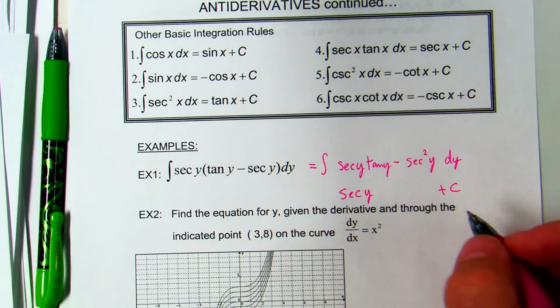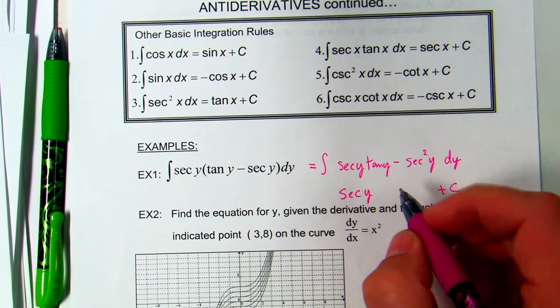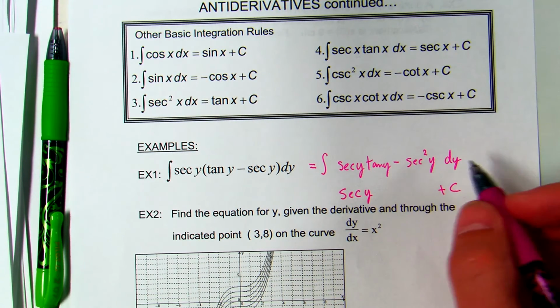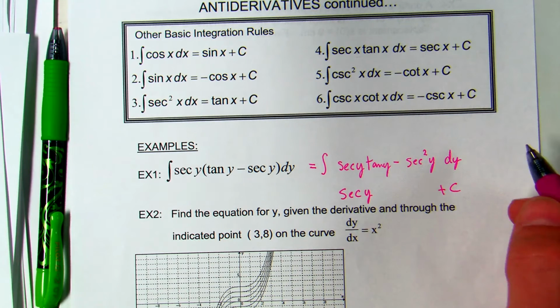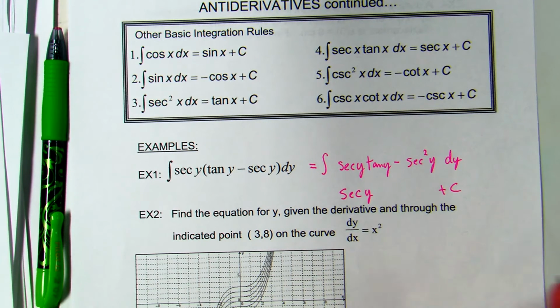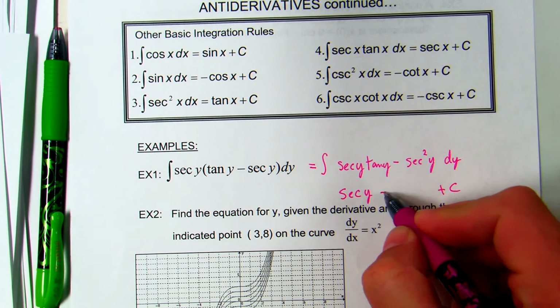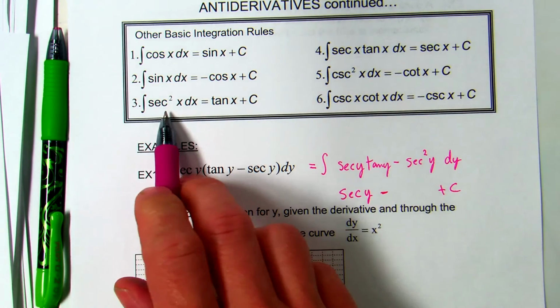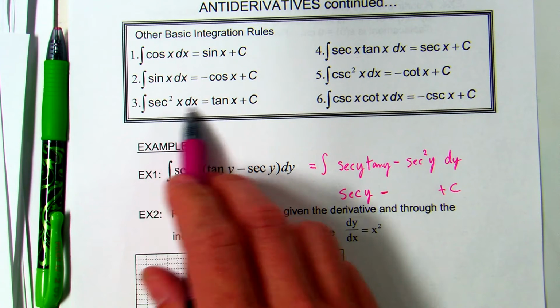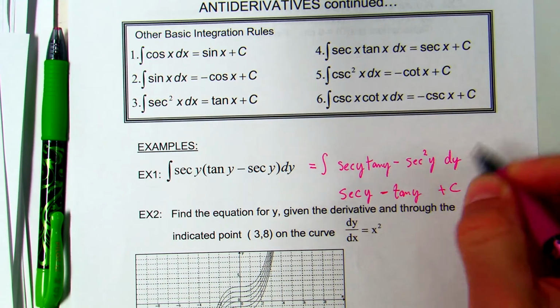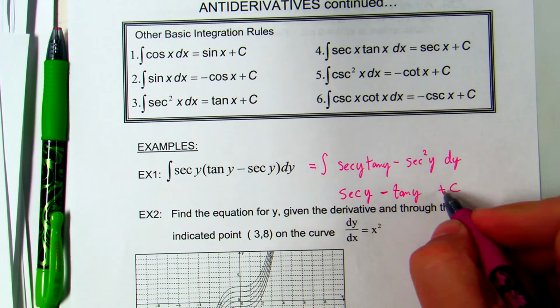As we talked about in our previous lesson, we could end up with 2 or 3 plus c's in here, but c plus however many c's you want is still just some constant. So we'll combine our c's into one here. The next part, minus the integral of secant squared x, is the same thing as tan x, so this is going to be tan y, and then plus c.